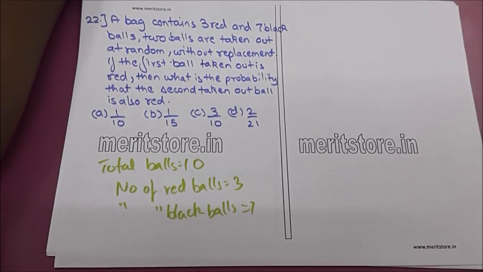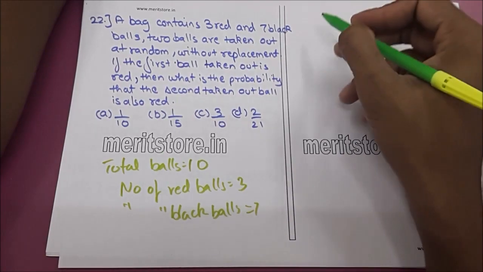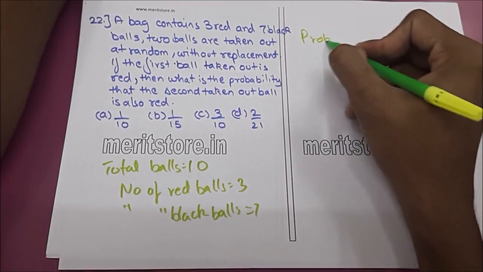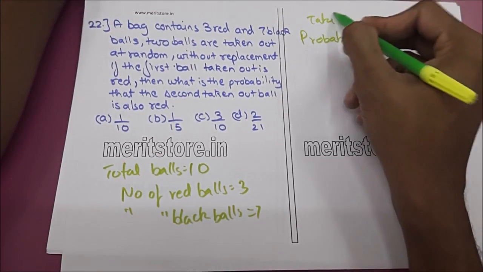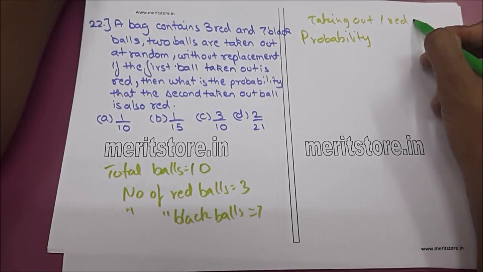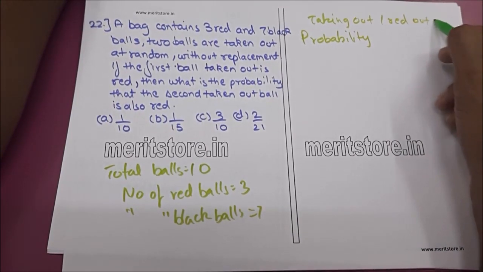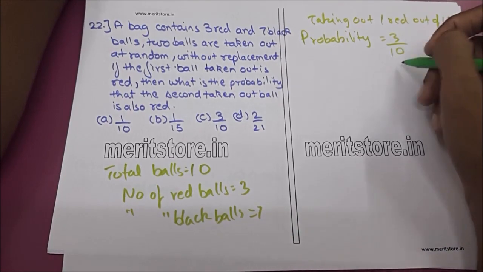So the probability for taking out one red ball out of 10 balls is 3 by 10.